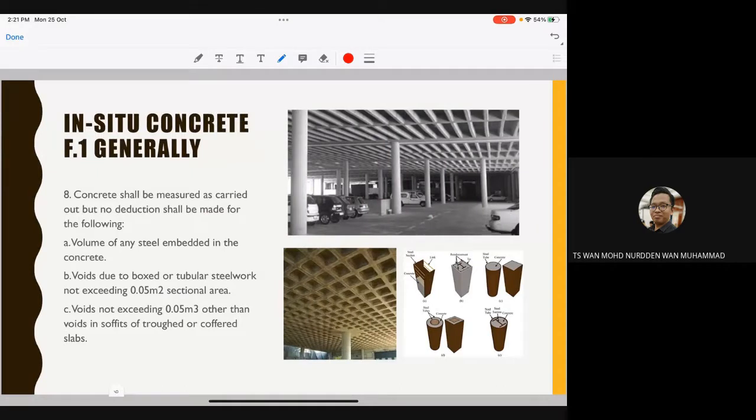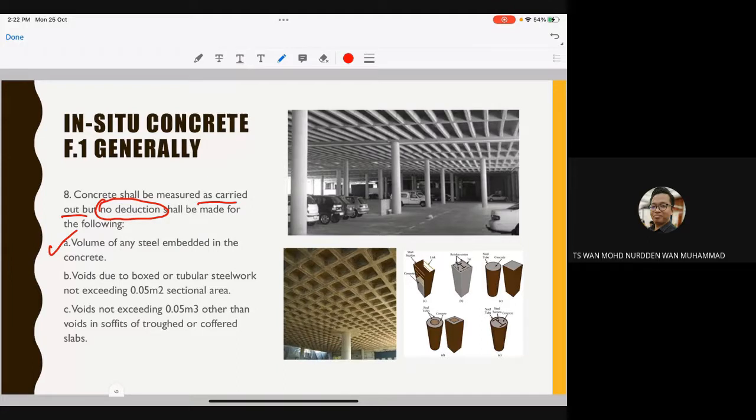Okay, number 6, concrete shall be measured as carried out, but no deduction shall be made for the following. Okay, maksud concrete kena measure seperti apa dimension yang kita ada lah, measured as per carried out, but no deduction. Tak perlu buat sebarang deduction untuk apa? A, volume of any steel embedded in the concrete.